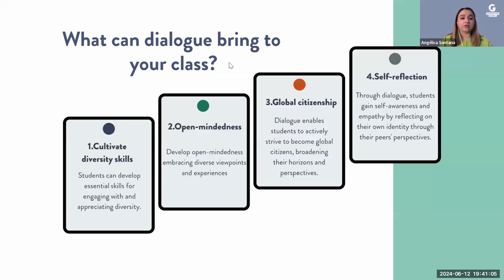Because in a sense, what you're trying to do is to give them the opportunity to become global citizens by appreciating diversity, by having open-mindedness. So when you practice bringing closer those topics that might be complex for students to understand, you are also working on the open-mindedness of your students.